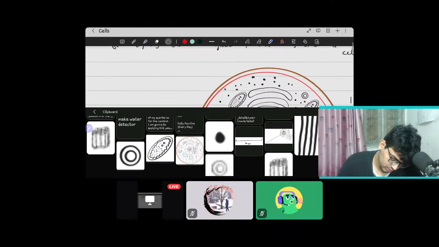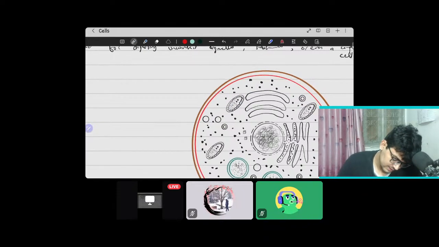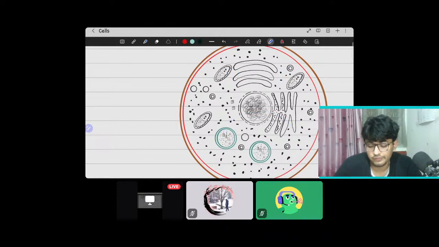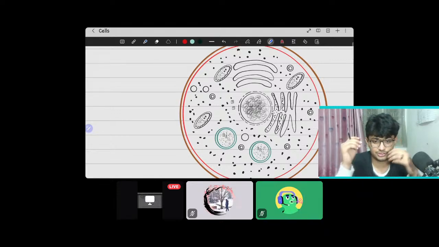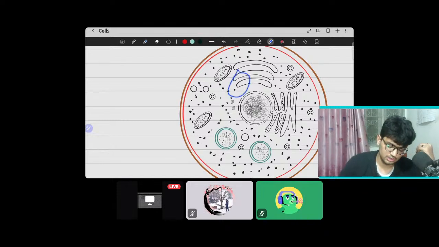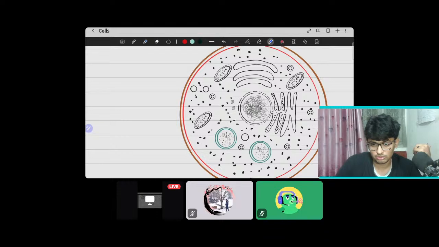Now this cell is sad because it has not found any glucose for a long time. The person consisting of this cell does not eat, is in a coma, let's say, and has not been eating anything for a long time now. So now this cell is very sad and angry too, and it doesn't know what it should do.